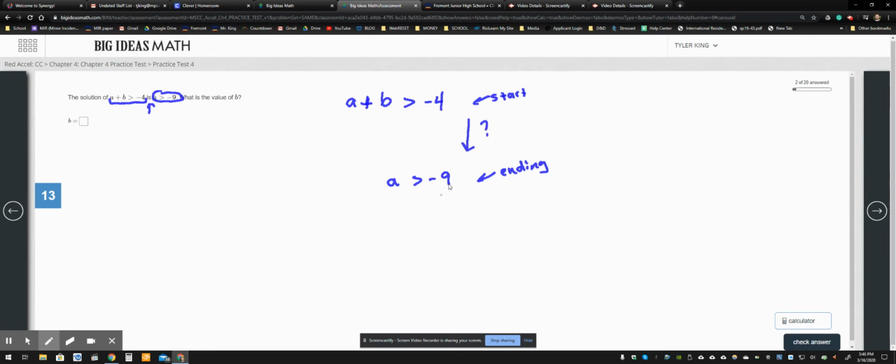What takes place? Okay, well, if I'm trying to get from -4 to -9, right? Well, I want to add -5 to that, right? -4 plus -5 goes to -9. Well, if I do the same thing on both sides, I add -5 to this side, because I have to.